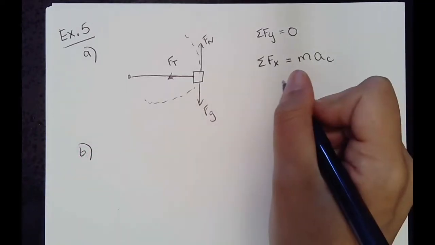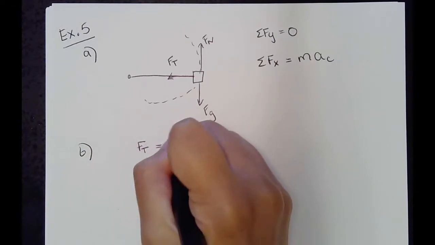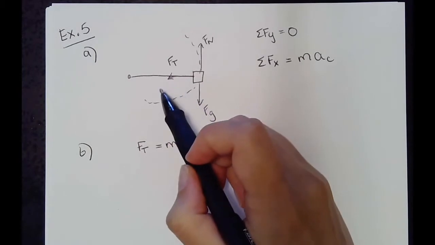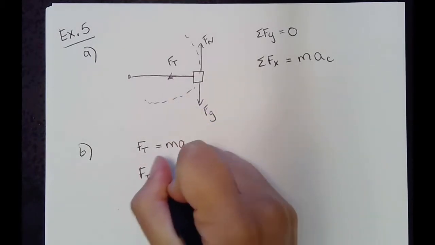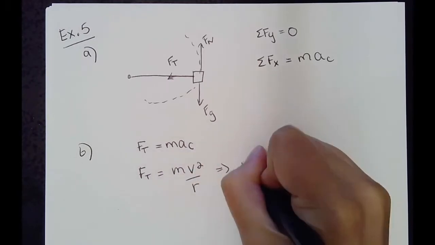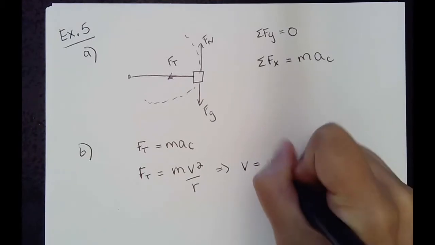So in this x direction for part B, we have Ft equals m a_c, since tension is in the positive direction towards the center of the circle. So then Ft equals mv squared over r, which means v equals the square root of r Ft over m.